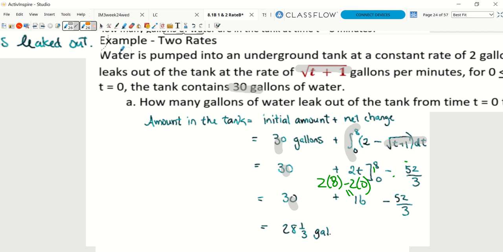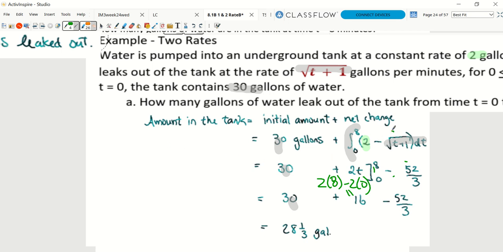Now, the 2 is how much was gained from 0 to 8. So gain minus leak gives you net. Does that make sense? And now you can separate this out because it's a minus sign and we have the addition and subtraction property of integrals.